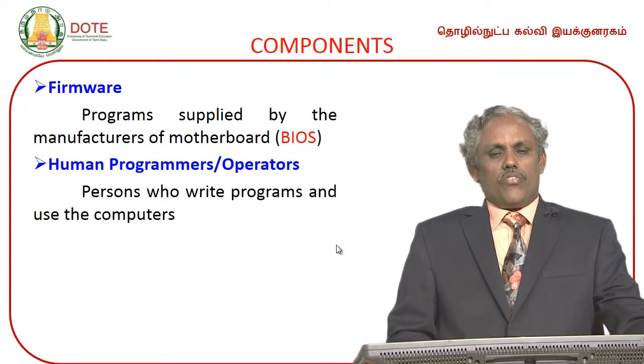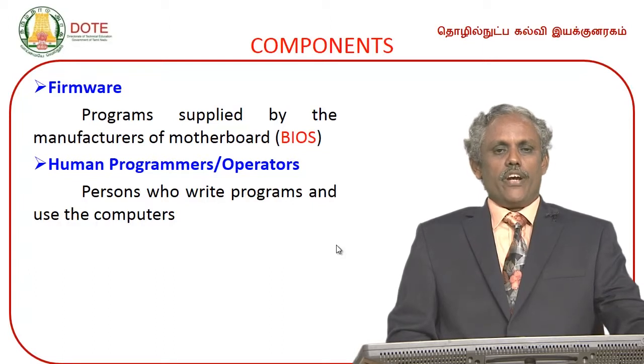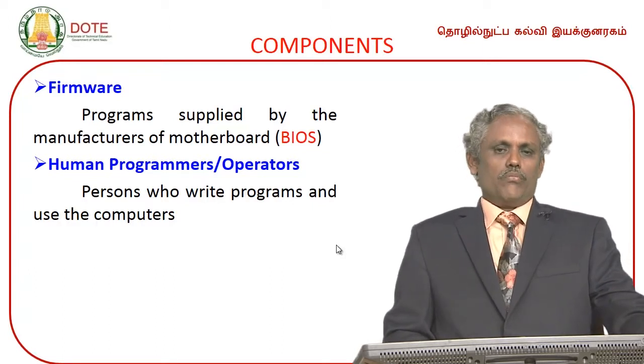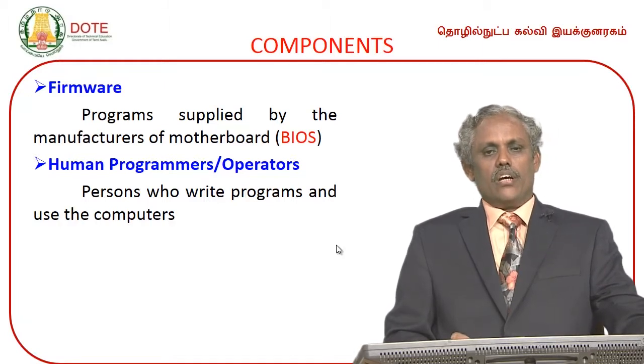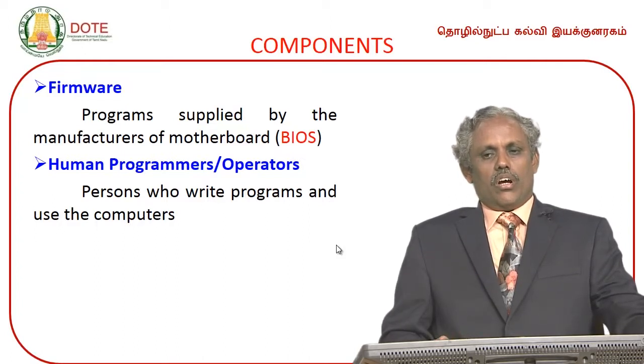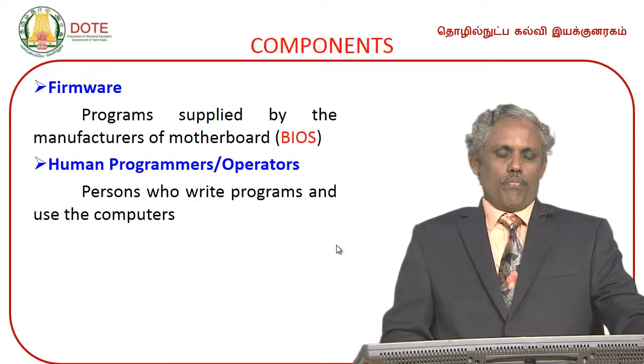Another software which is built into the system and supplied by the manufacturers of the motherboard is called firmware. Firmware is a collection of programs supplied by the manufacturers. They come with the motherboard, like BIOS ROM.